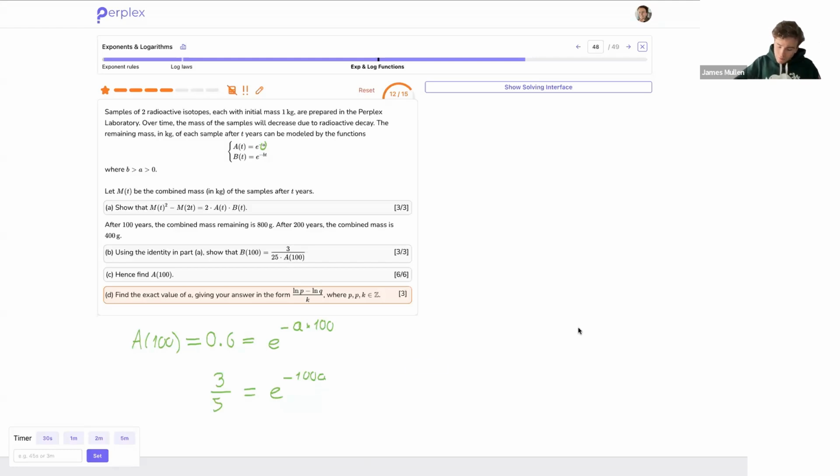So ln of 3 over 5 is equal to negative 100A. And ln of 3 over 5 is ln of 3 minus ln of 5. That's minus 100A. That means that A is equal to ln of 5 minus ln of 3, over 100. I switched the direction, I did ln 5 minus ln 3, because I was dividing by a negative number.